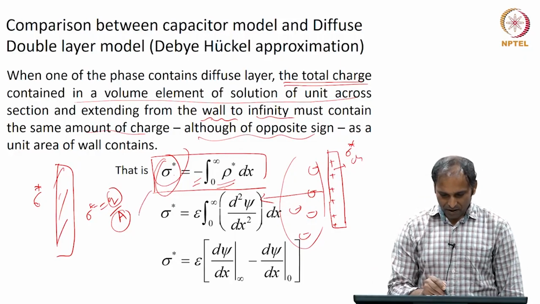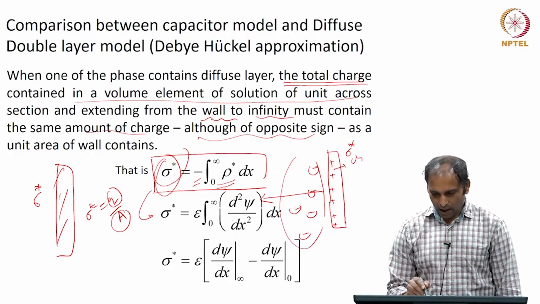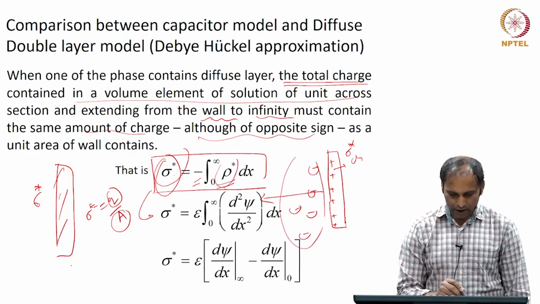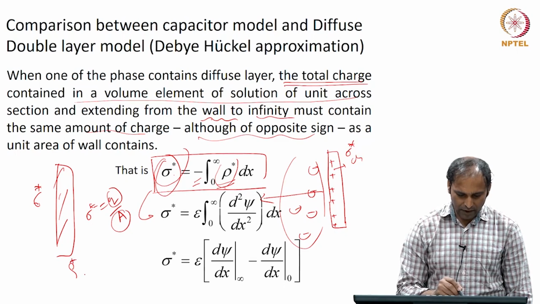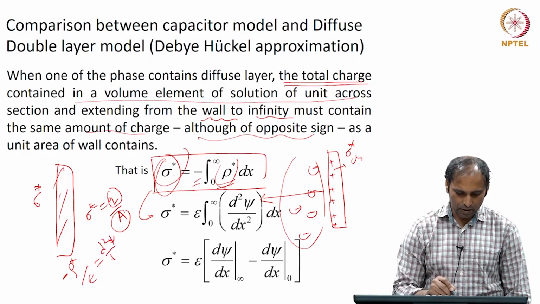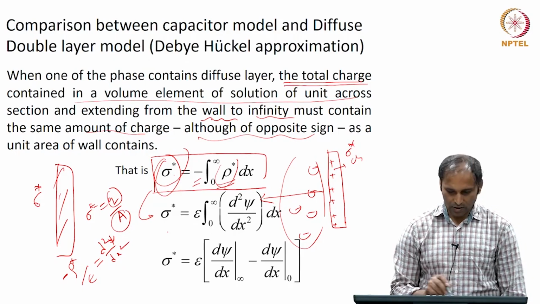So now, I have rho star. Instead of rho star, I know that rho star divided by epsilon is d square psi by dx square, right. So, I am going to replace for that.